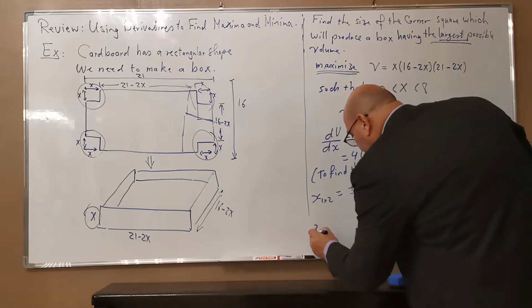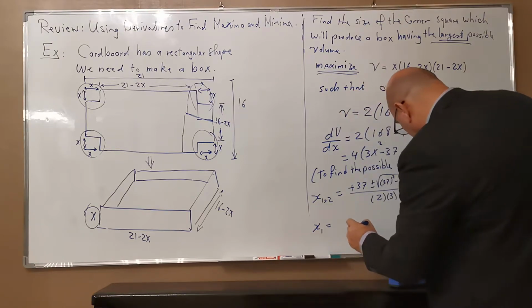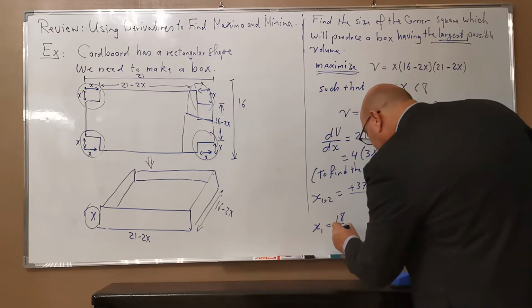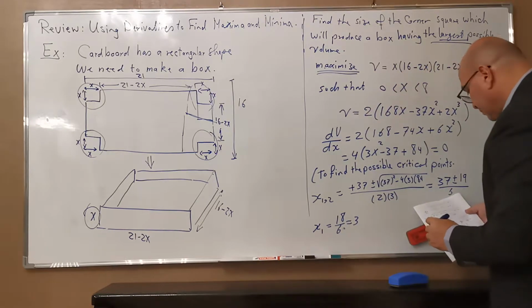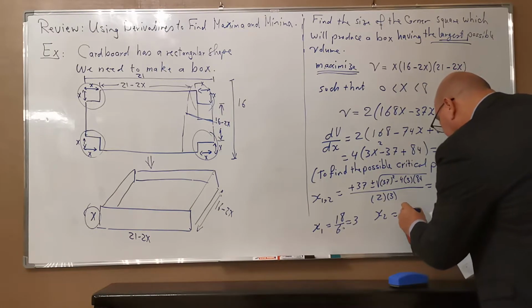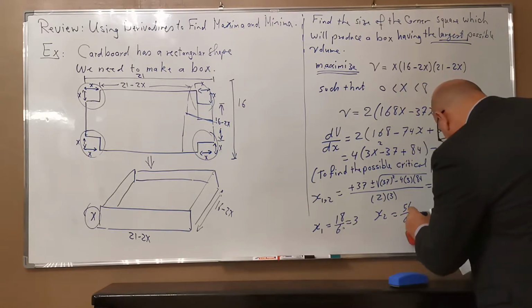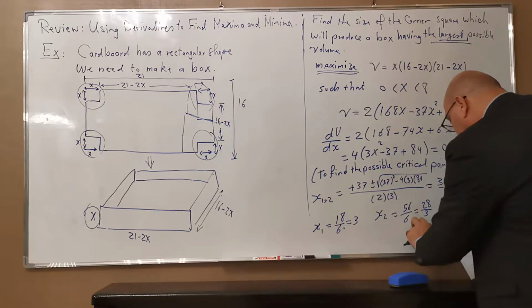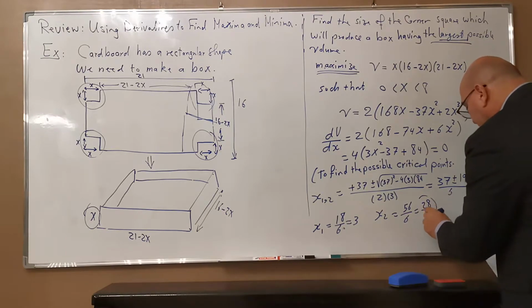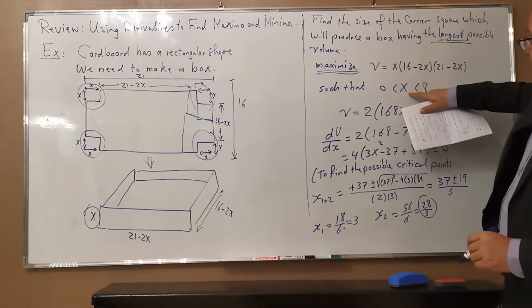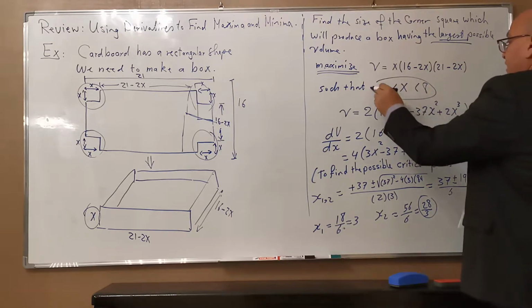So x1 is equal to 18 over 6, and this equals 3, and x2 is equal to 56 divided by 6, and this is equal to 28 over 3, which is more than the bound, so x2 exceeds the constraint.